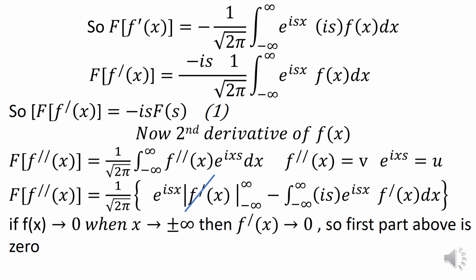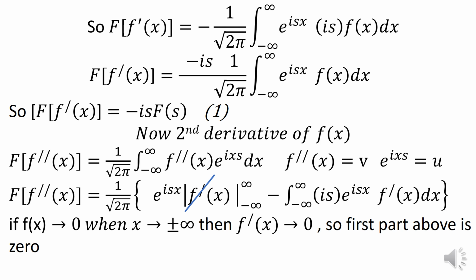So 1 by root 2 pi, e to the power iota s x times the integration of f double dash x, which is f dash x, minus the integral of the differentiation of the first part times the integration of the second part. That is the same uv formula in the integration that I am applying.